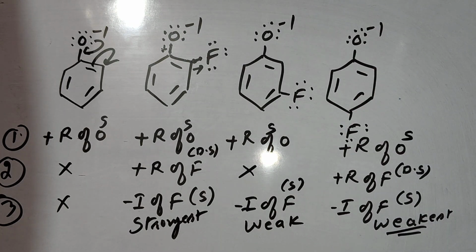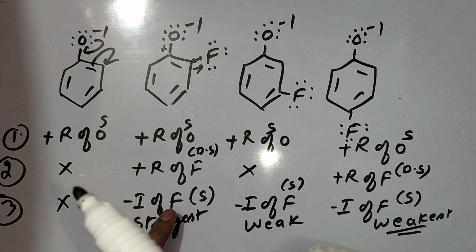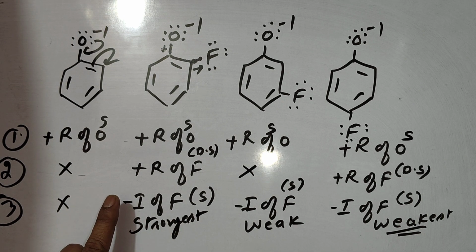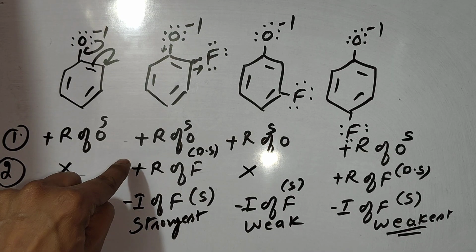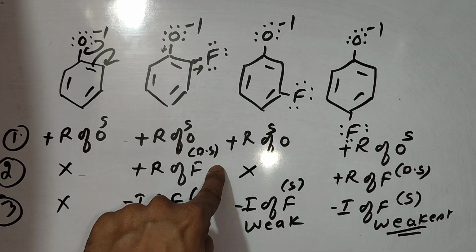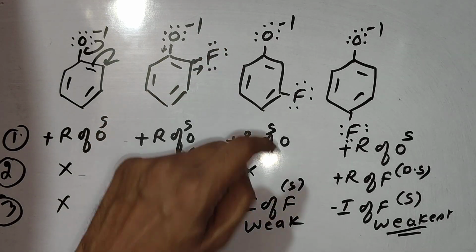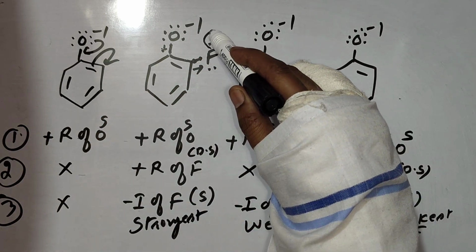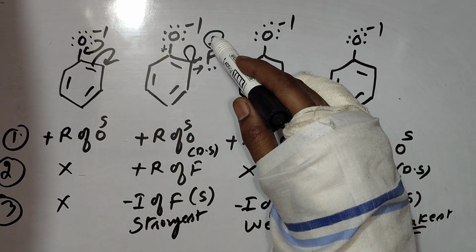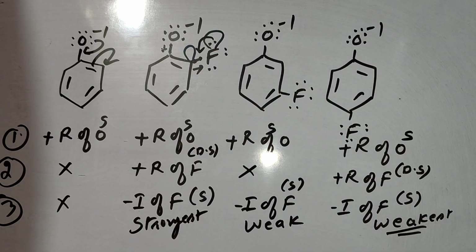But because, as I say, fluorine is most electronegative atom, obviously that electronegativity will make minus I effect dominate over plus R effect. No doubt plus R effect is operating here very well, because the orbital sizes of this orbital and the carbon orbital are almost same.